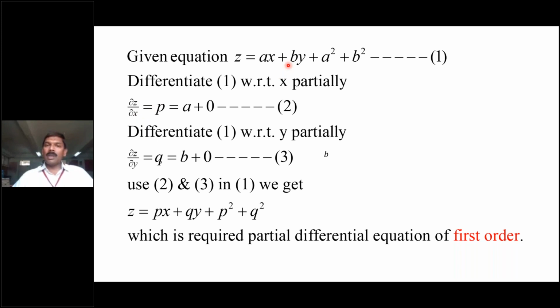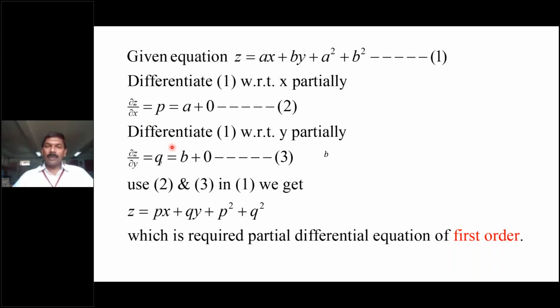So b constant, y constant, so this complete term become constant and derivative of constant is 0. And the other terms a square b square being constant terms, derivative becomes 0. So after differentiating partially with x, we get p equal to a.